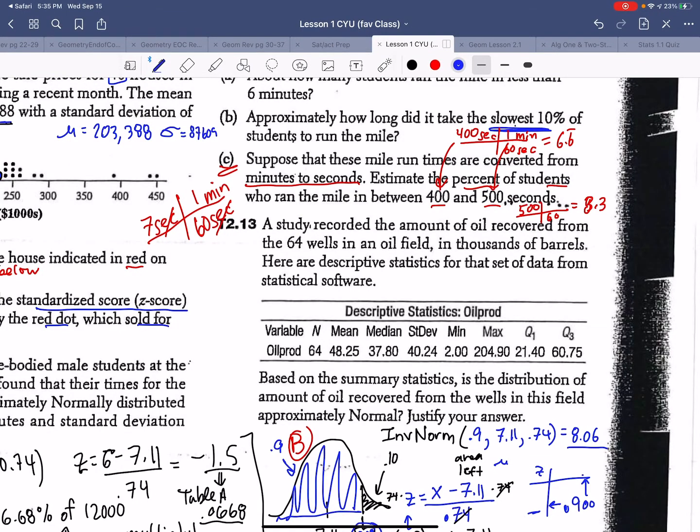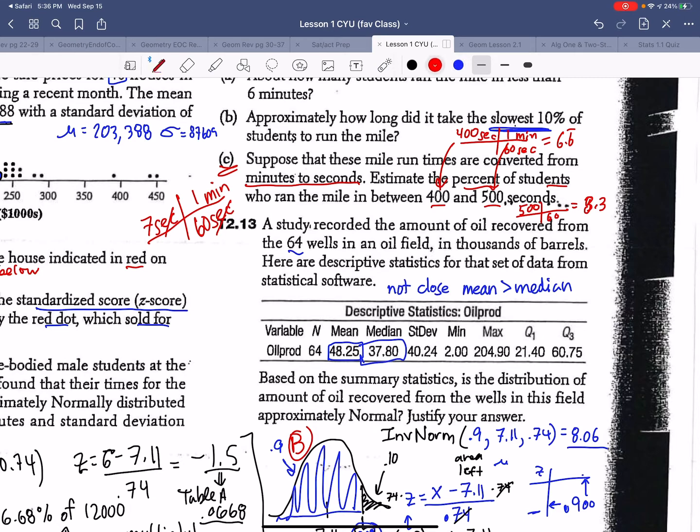Now let's see. 2.13, a study recorded the amount of oil recovered from 64 wells. Here's some descriptive stats. Okay, so we kind of talked through a question similar to this. We notice the mean and the median are not the same. Not close. The mean is greater than the median.